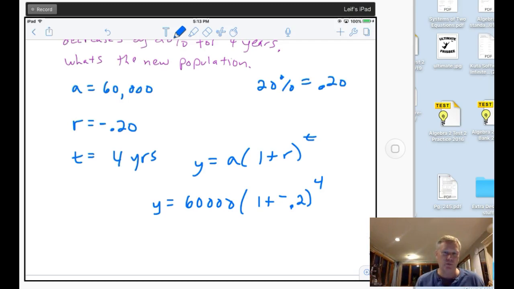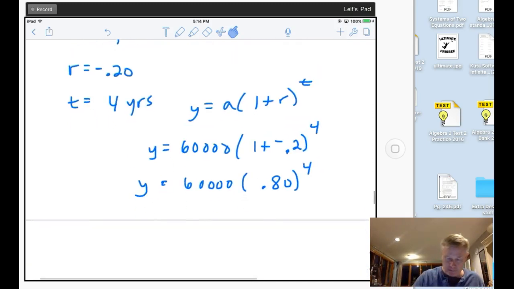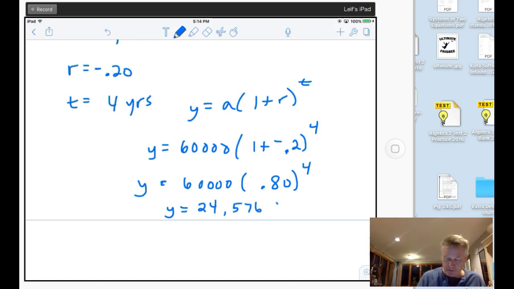If it's going down 20% per year, then you are left with 80%, which is what you get in the parentheses, which is 0.8, okay? So I got 60,000. And let's see, if I do that out, you should get y equals, remember to do the exponent first, 24,576 is what I'm getting here. Okay.